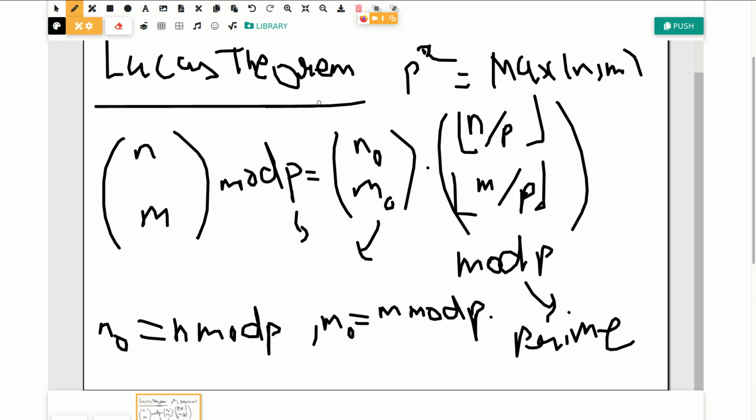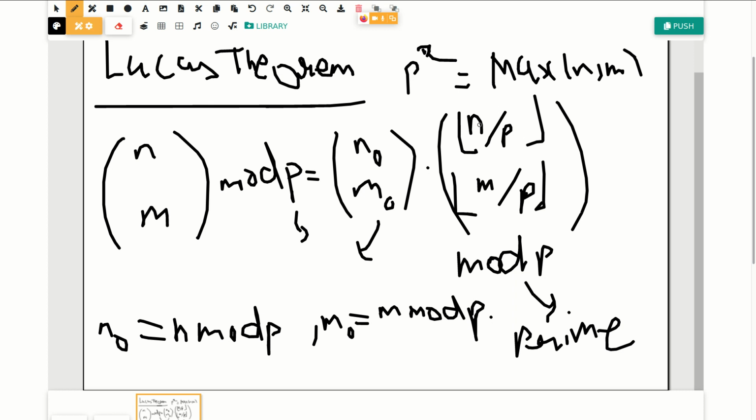Can you explain how you got the max formula again? Every time you're recursively calling for N by P and M by P again, right? Yeah. Every time you're reducing N by a factor of P and M by a factor of P. So eventually your base case would be either N is equal to 0 or 1, and either M is equal to 0 or 1, something like that, right?